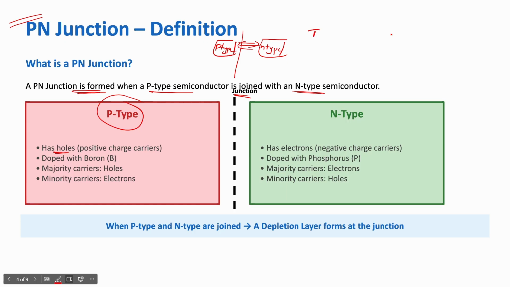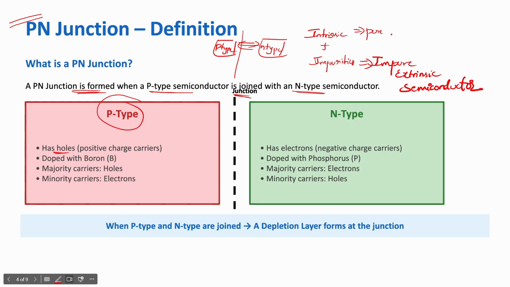intrinsic semiconductor means pure form of silicon. So when it is added with impurities, we call it an impure, nothing but extrinsic semiconductor.